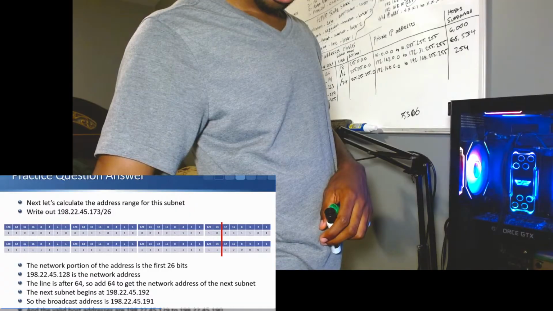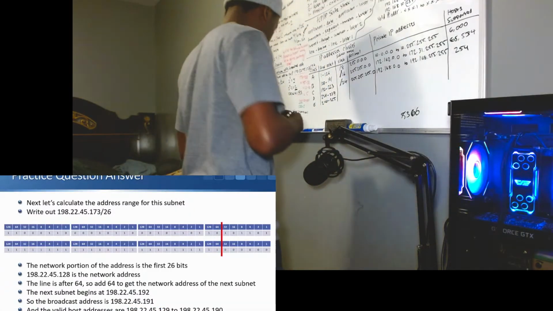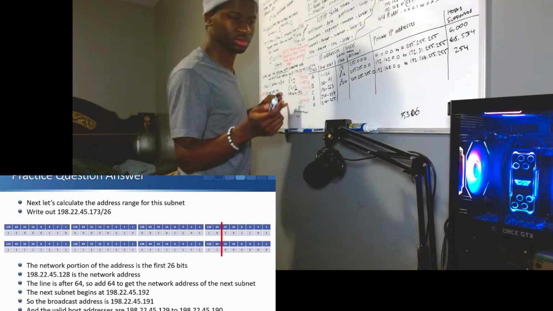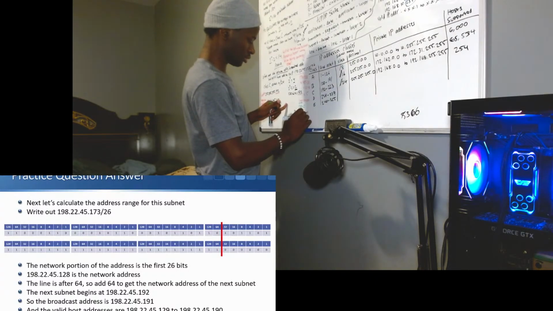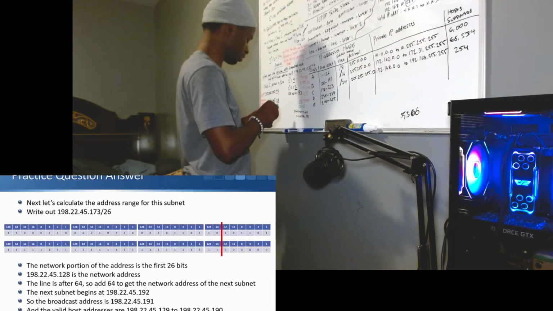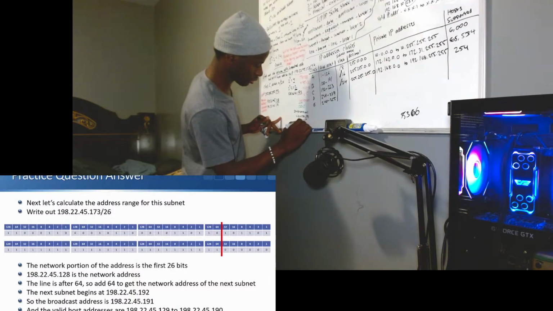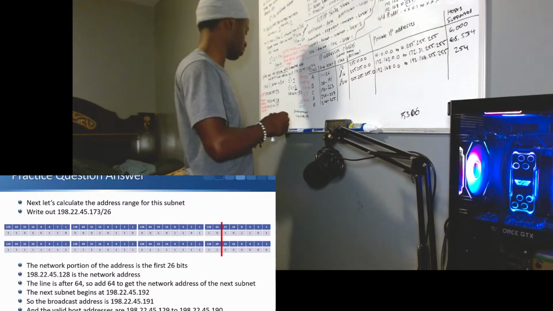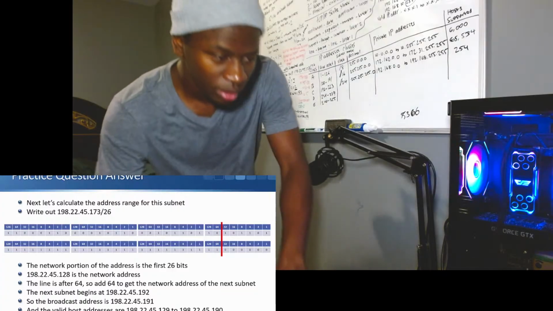Plus 4 is 60, plus 2 is 62, plus 1 is 63. So the network portion of the address was .128. 128 plus 63 is going to be 191. So again, the network address is 198.22.45.128. The broadcast address is 198.22.45.191. So we've got the network address and the broadcast address.